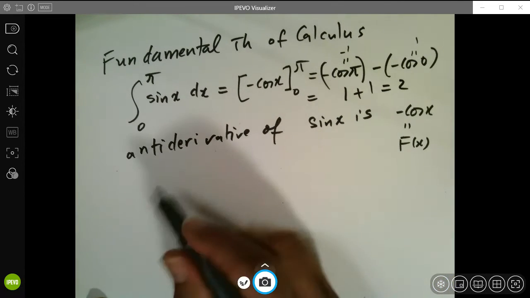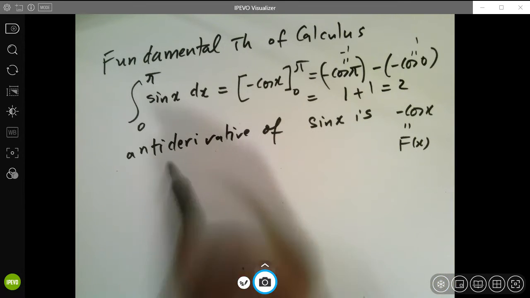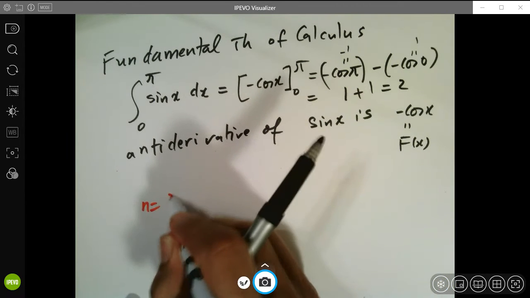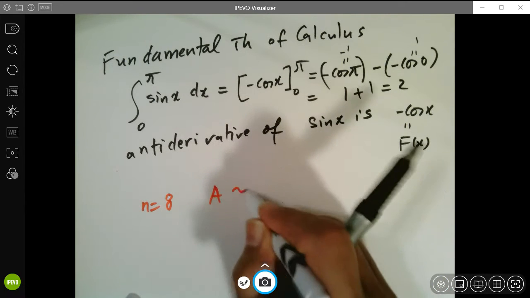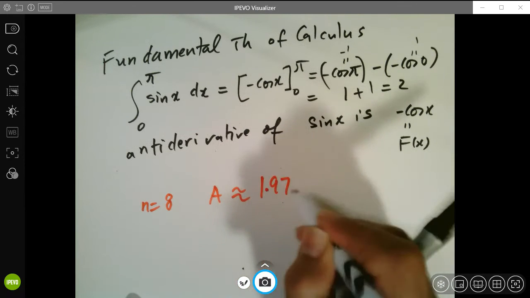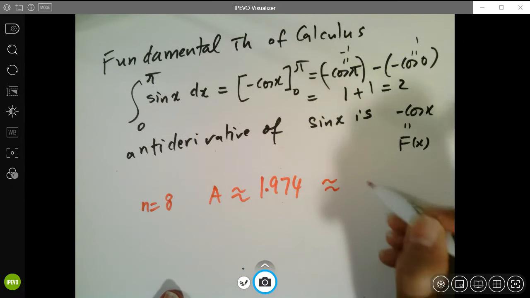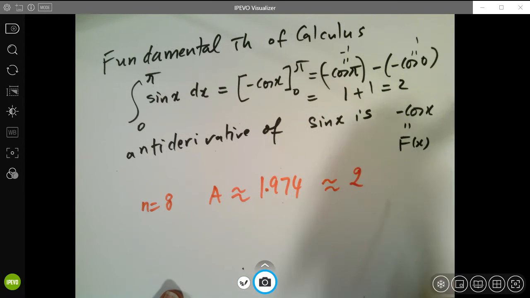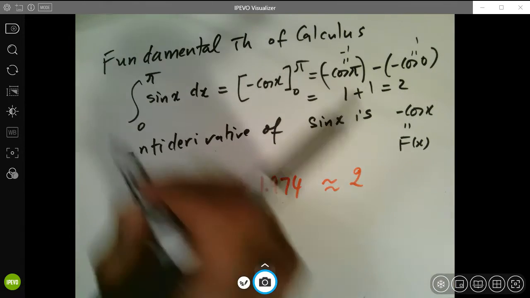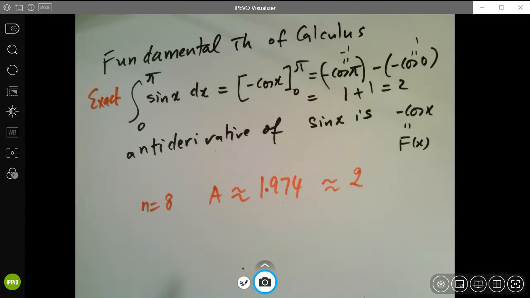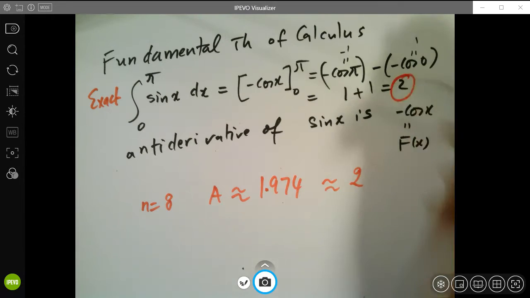You can see, but what did we get if n is 8? The area is about 1.974. It's almost 2, okay? So this is the exact surface area, which is 2.